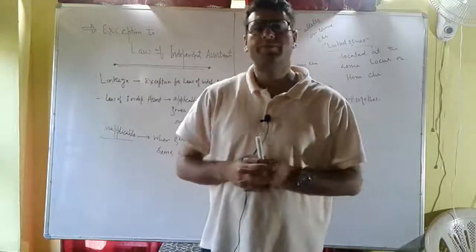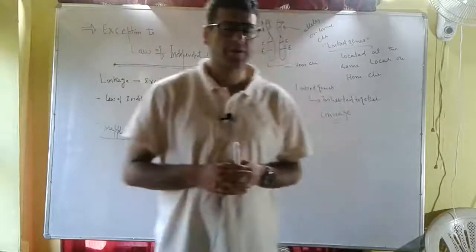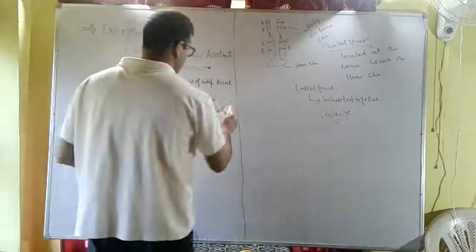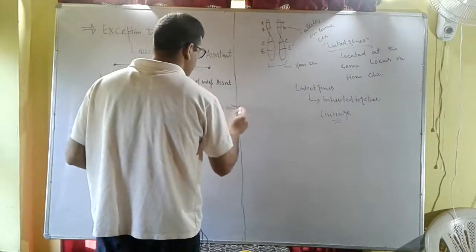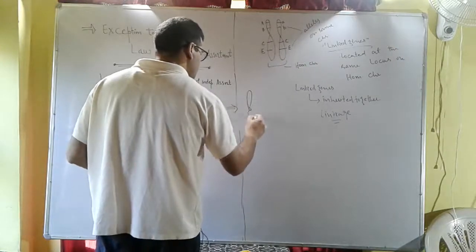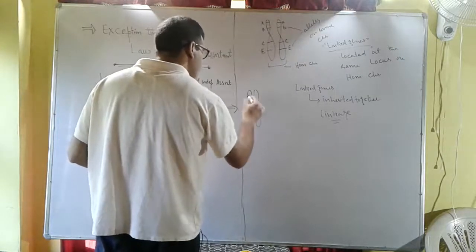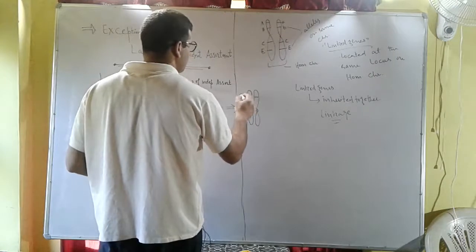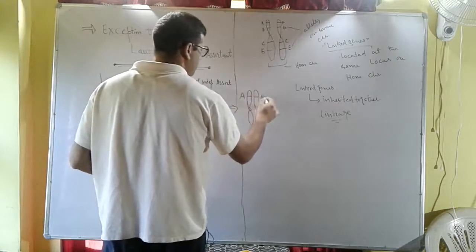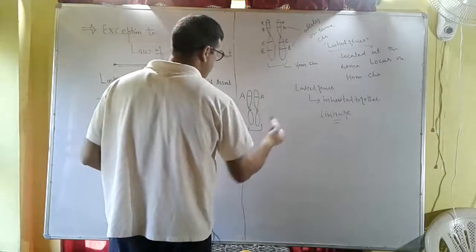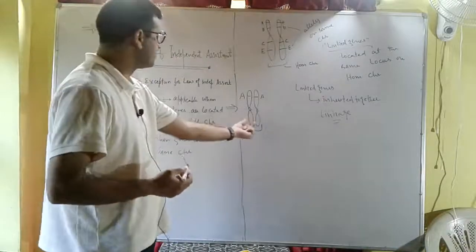the law of independent assortment is applicable when the genes are located on different chromosomes. It would be like this. For example, if we have this, the law of independent assortment is applicable here.